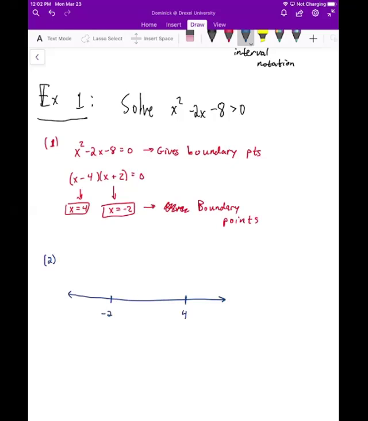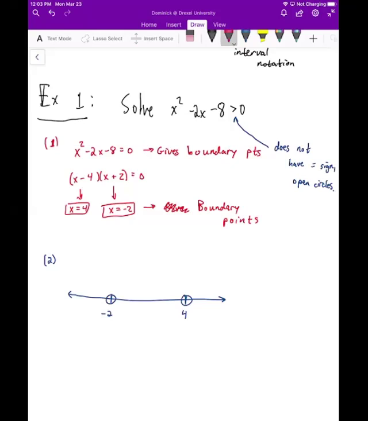Now if we look at our original inequality, our inequality sign does not have the equal sign, so we want to use open circles here. So on 4 we have an open circle, and on -2 we have an open circle, because that's what the original inequality needs for a satisfactory answer.